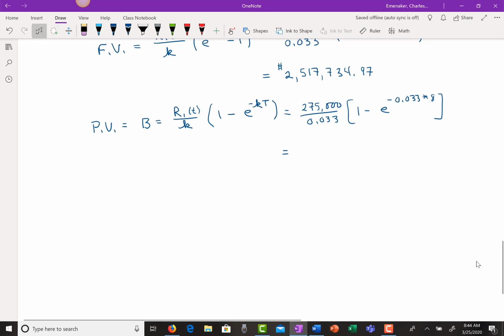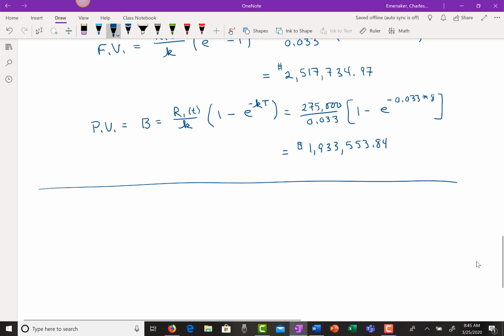Okay, essentially this works out to be $1,933,553.84. What this means is if you go and buy the licensing or franchise fee for this particular frozen yogurt business, in the contract they're going to include a present value of the income stream at $1.9 million.